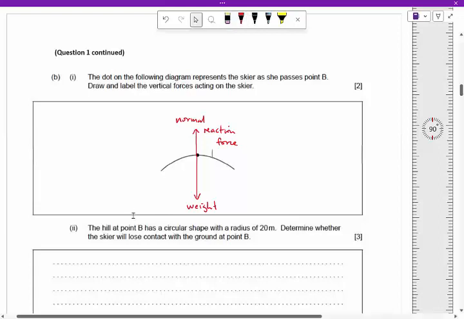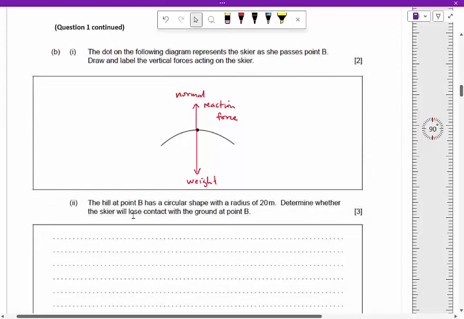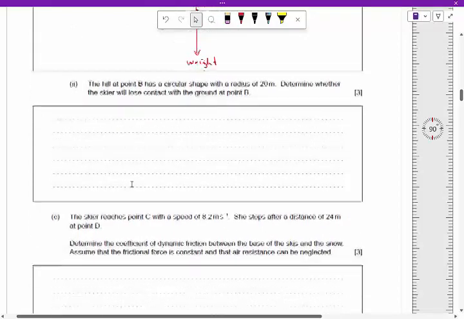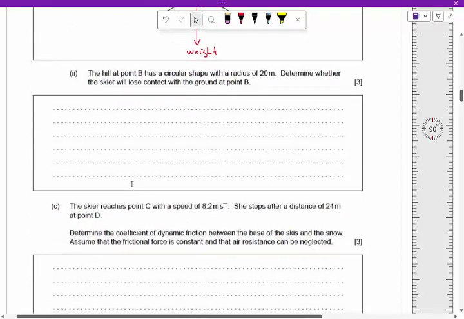Alright. Part 2. There was one mark here for getting the two arrows and forces right, and then another mark for getting the relative size of the arrows right, showing that the weight is bigger than the normal. The hill at point B has a circular shape with a radius of 20 meters.